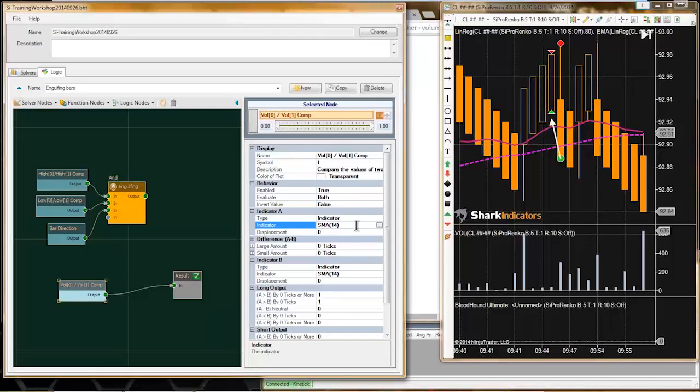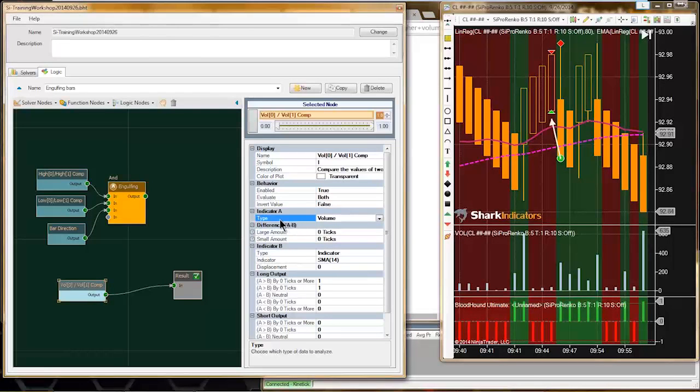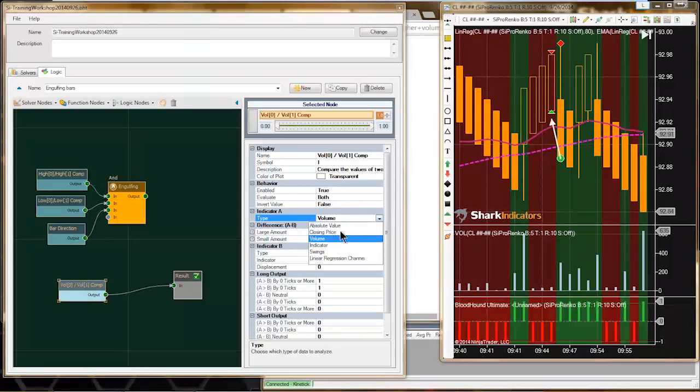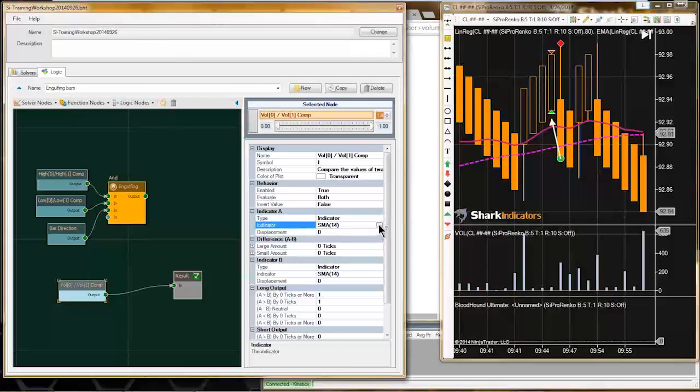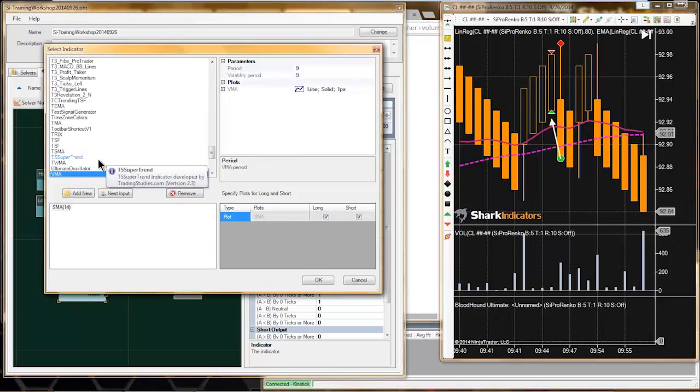And the next step I need to do is change this over to the volume. There is a little shortcut here. There is a volume here, but if you notice, there's no displacement anymore, right? The displacement function disappears. So I'm just going to leave this on the indicator and change my SMA to the volume indicator.